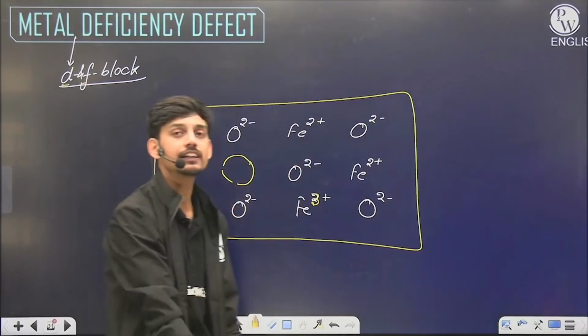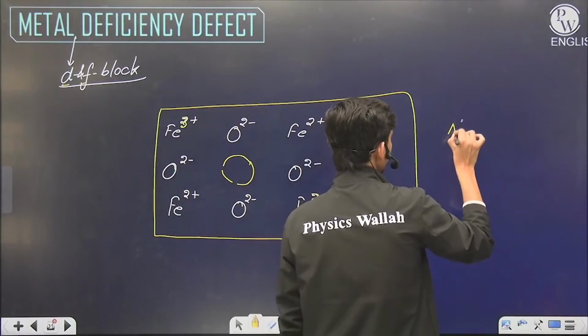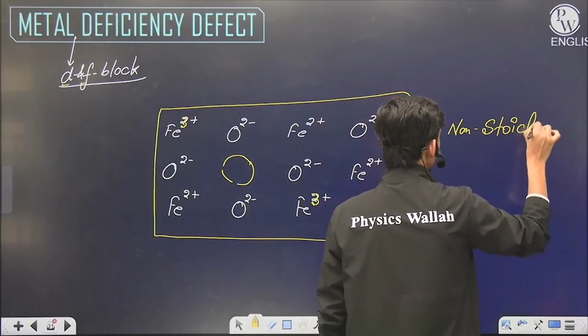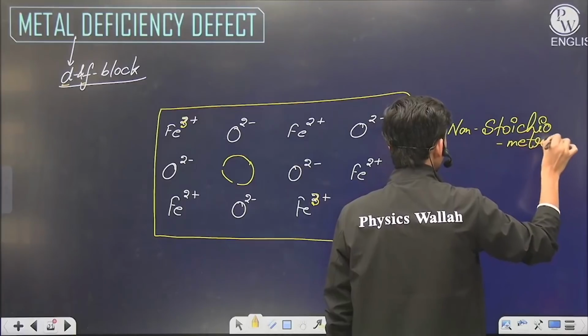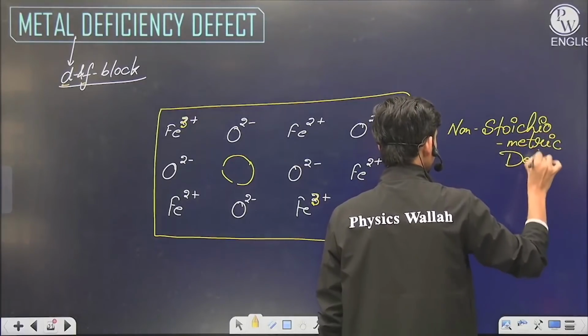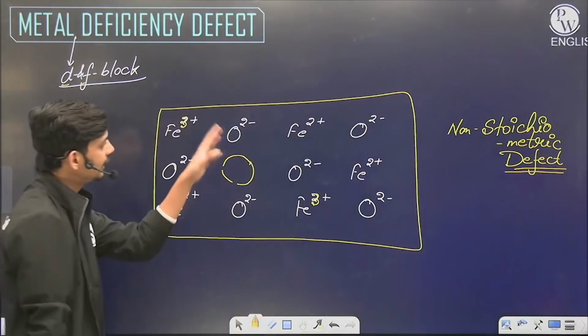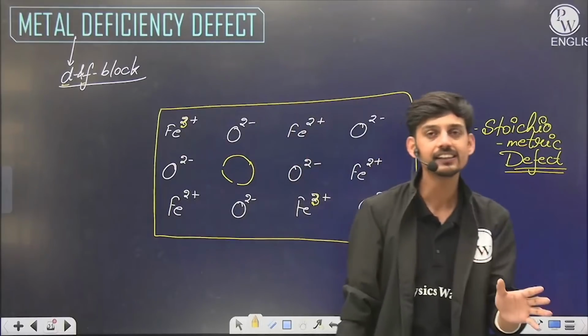That's why this defect is called metal deficiency defect. This is also an example of non-stoichiometric defect, because here also the ratio of iron and oxygen has changed. The iron is less than expected.